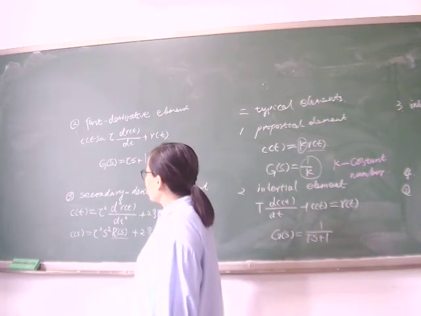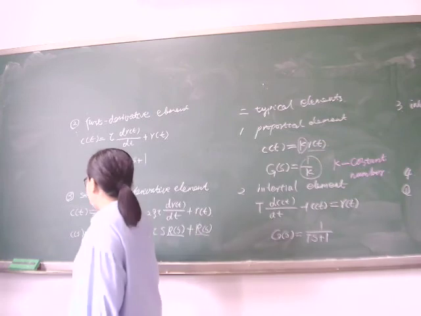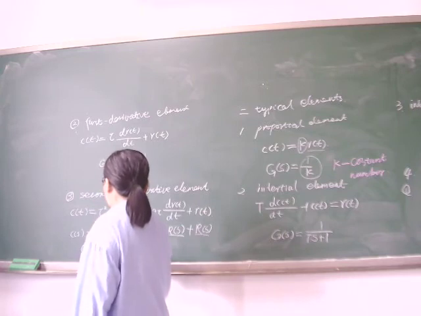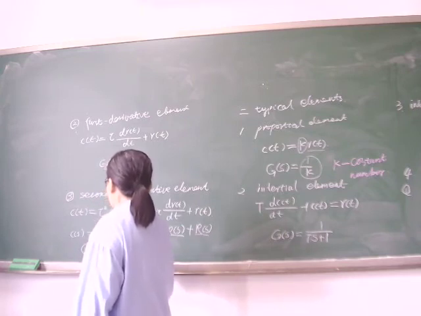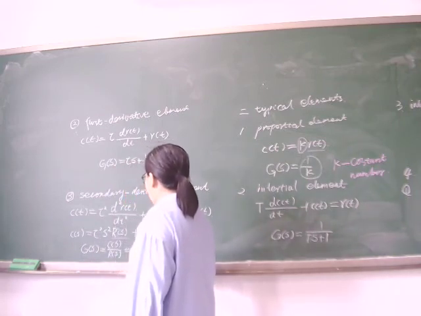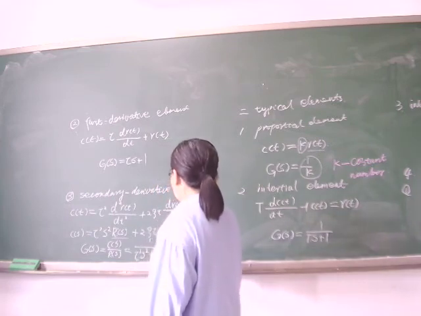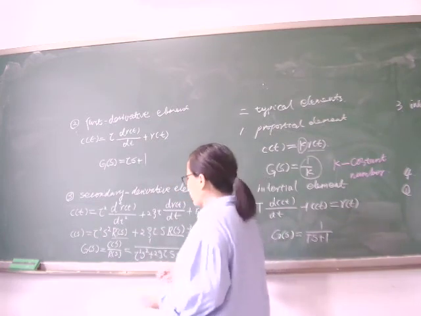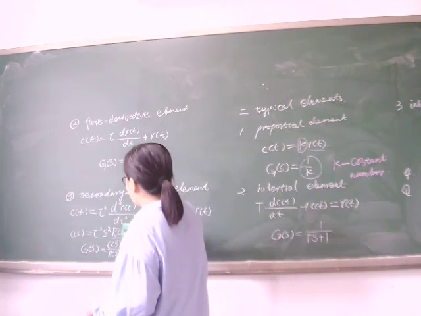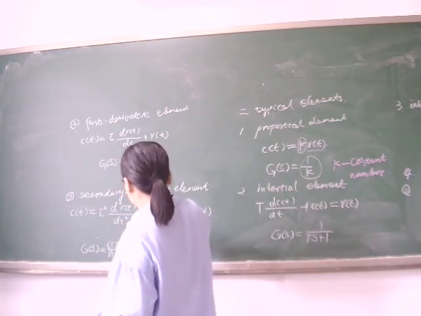So the transfer function of the second derivative element, G(s) equals C(s) by R(s), is equal to tau squared s squared plus 2 zeta tau s plus 1. You can see it clearly.